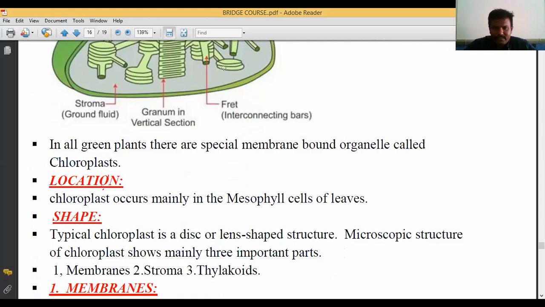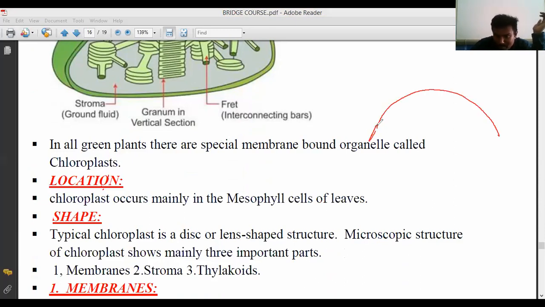In all green plants, there is a special membrane bound organelle called chloroplast. This is the outer membrane and this is the inner membrane.